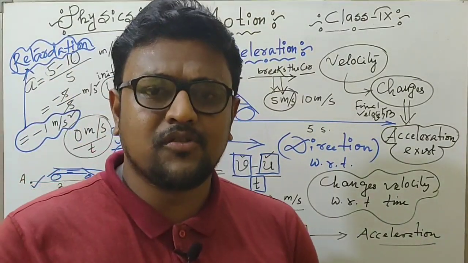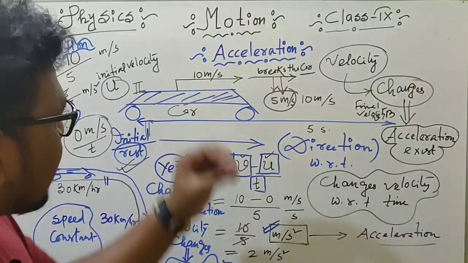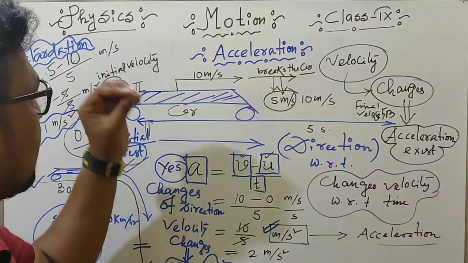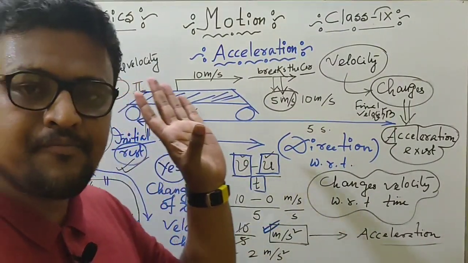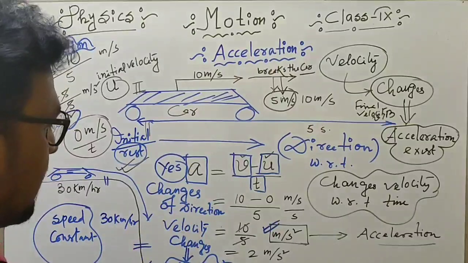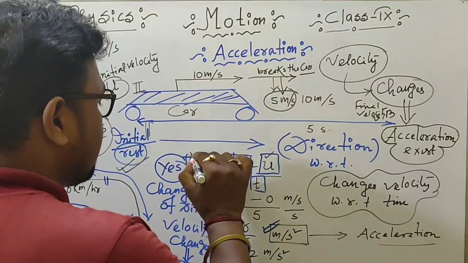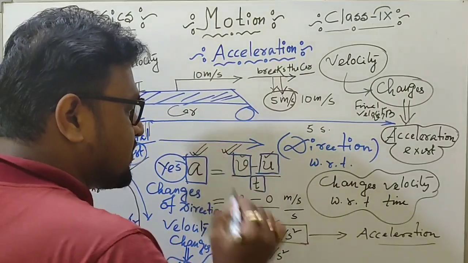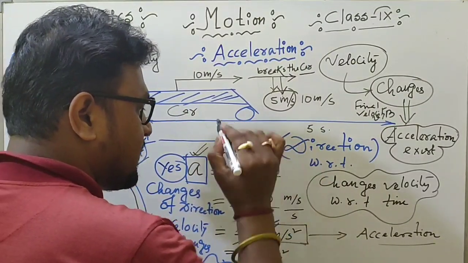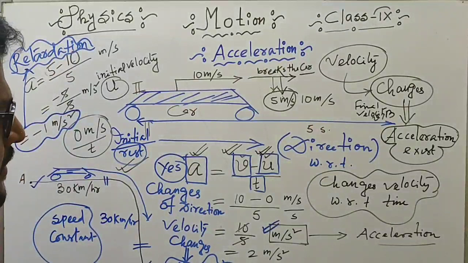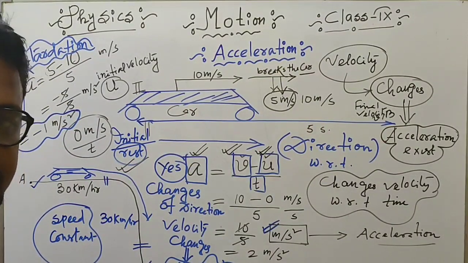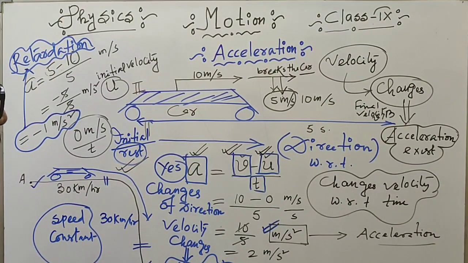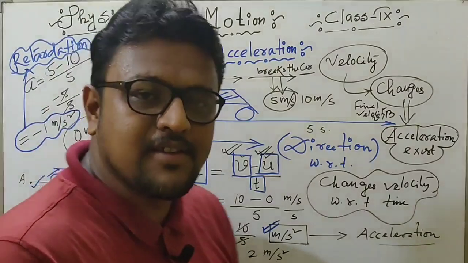That is the concept of acceleration existing on a stationary object. So what is the numerical form? Acceleration, denoted with a, is equal to final velocity minus initial velocity u, over the time taken t. Unit is meters per second squared. I hope everyone is clear on the concept of acceleration.